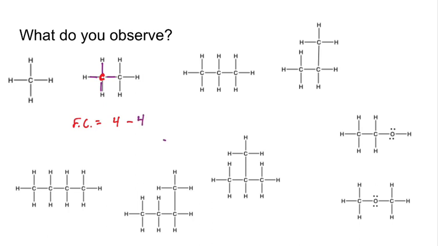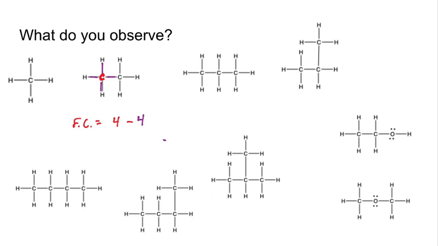Minus 4. Okay? What about the bonds in blue? Those are connected to a different carbon. I don't care about those. I only care about the electrons around the carbon where I'm calculating the formal charge. So those are irrelevant. The next thing I want to account for is where else my electrons could appear. My electrons could also appear as non-bonding electrons.